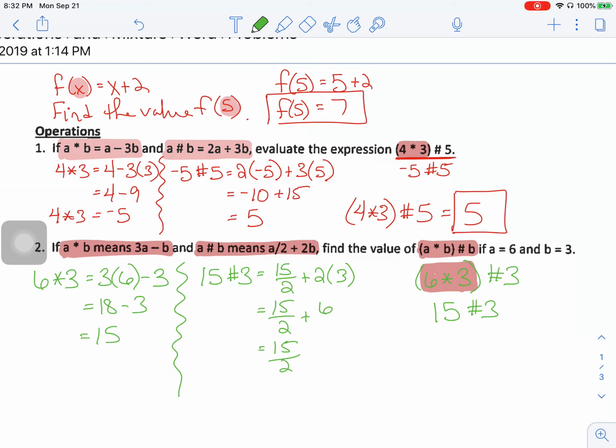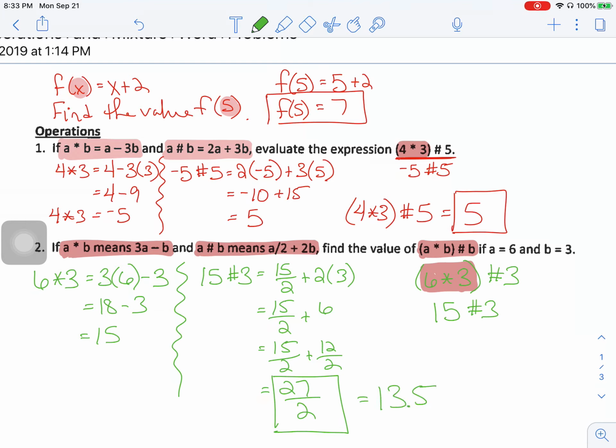So 15 over 2 plus 12 over 2. So let's see what we've got here, 27 over 2. All right, so this whole value, when we do the math, using both of the operators turns into 27 over 2. If you grab a calculator, let's see what that is as a decimal, 13.5.